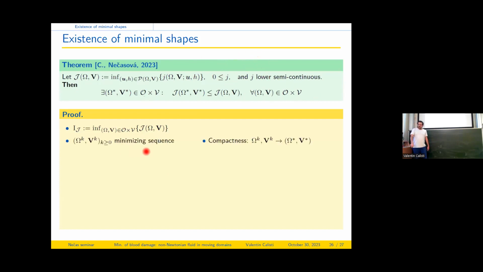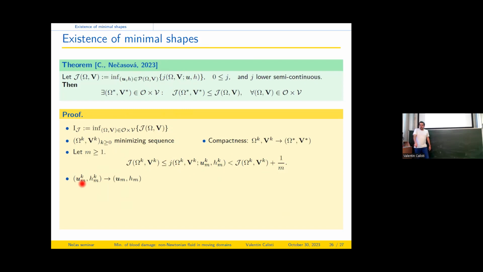We choose a minimizing sequence, which converges by compactness. The only thing to check differently than usual is that we defined this shape functional as the minimum among all the solutions. So here we choose, for some fixed m, a solution which is close enough to this infimum.